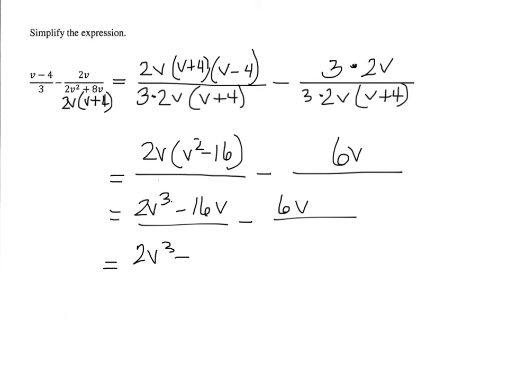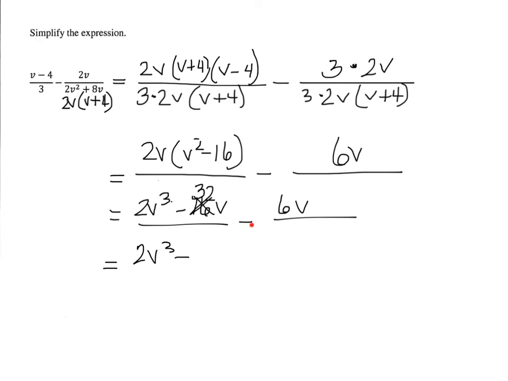oh shoot, go back. What's 2v times negative 16? 2v times negative 16 is not negative 16v. Another duh. I need to go back and get some sleep. That's 32v.